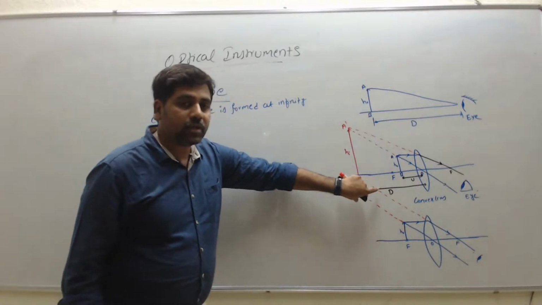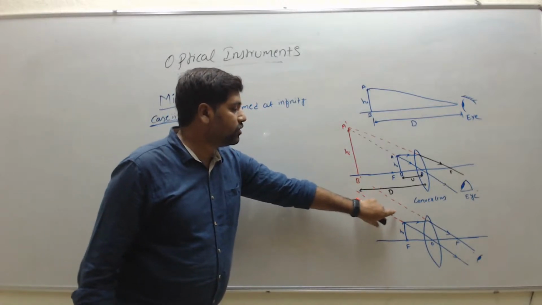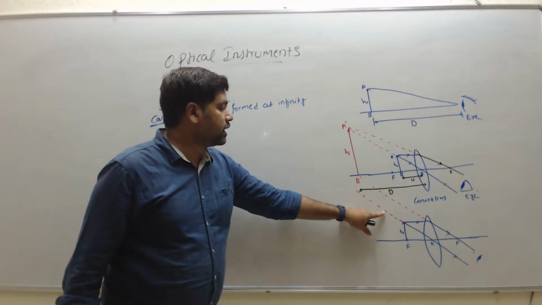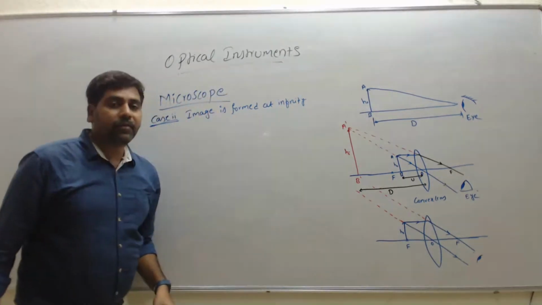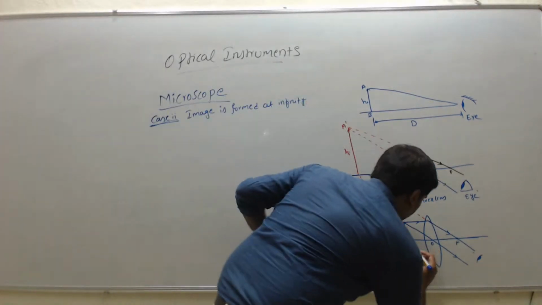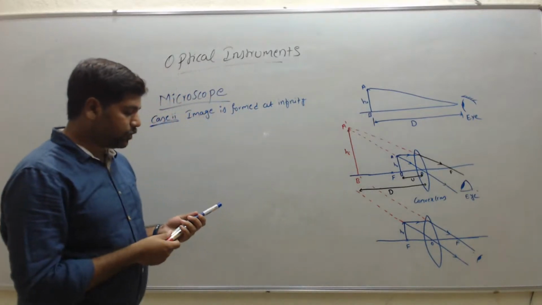If we produce them backwards, these two rays are parallel. That is, these two rays never intersect. Then the image is formed at infinity. So this distance we have taken. The object is placed at focus.